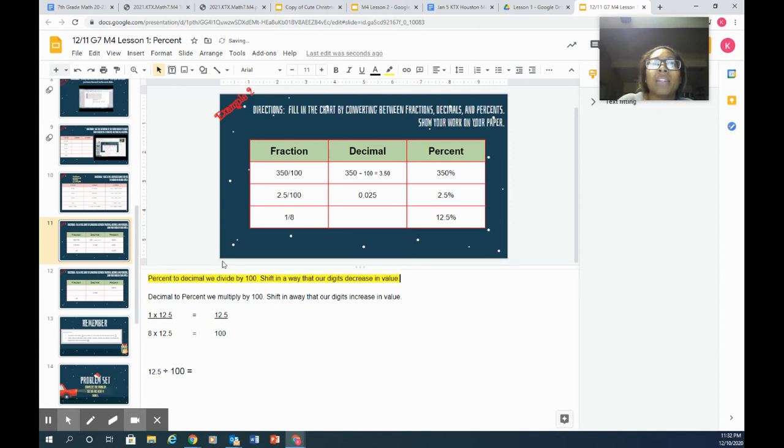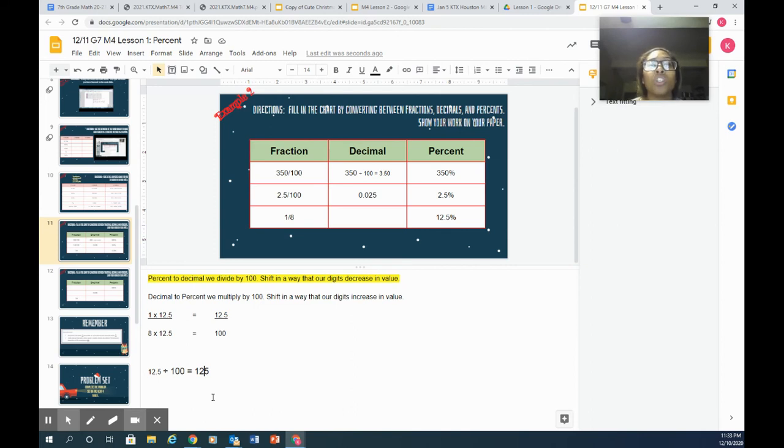Okay. And I'm going to add some arrows there in a little while to make that more concrete for the notes. So essentially what we had was 12 and 5 tenths, with the decimal between the 2 and the 5. We're now going to shift these digits to where they're decreasing in value.